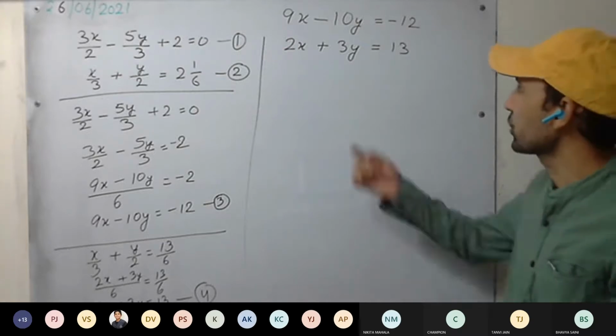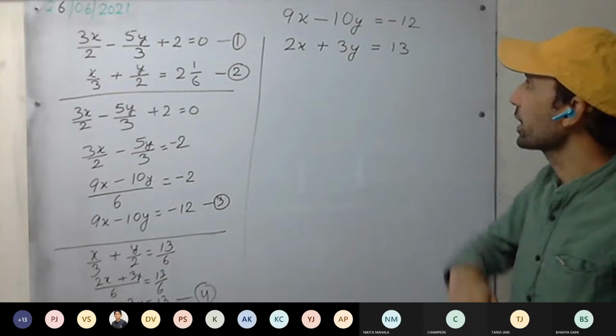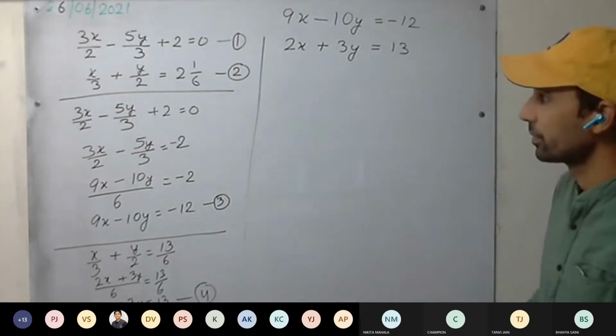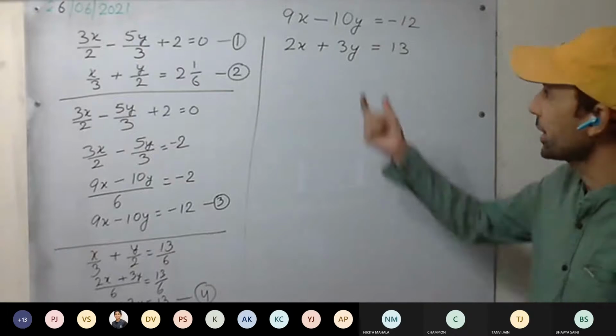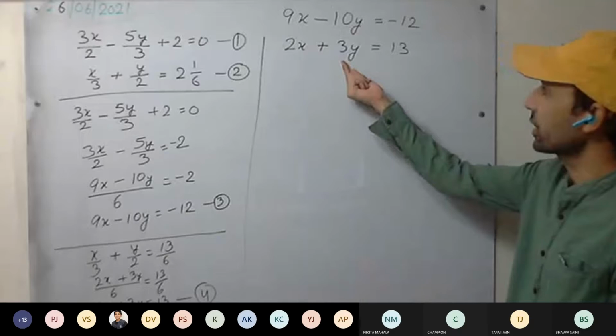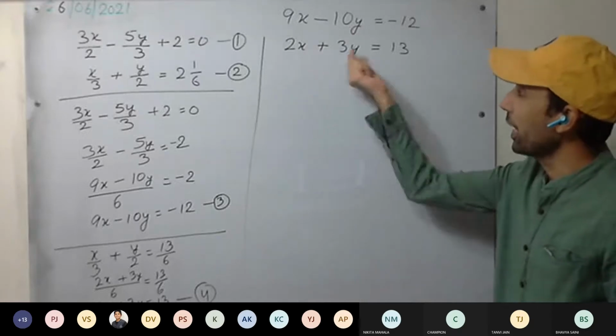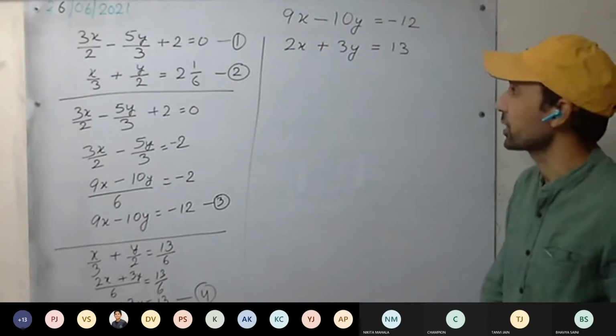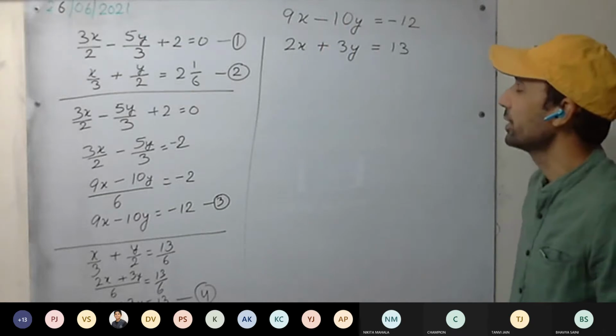So from which equation should we calculate x or y? Either you can calculate x here and then substitute in the second equation, or you can calculate x from the second equation and substitute in the first equation. Okay, solve it.